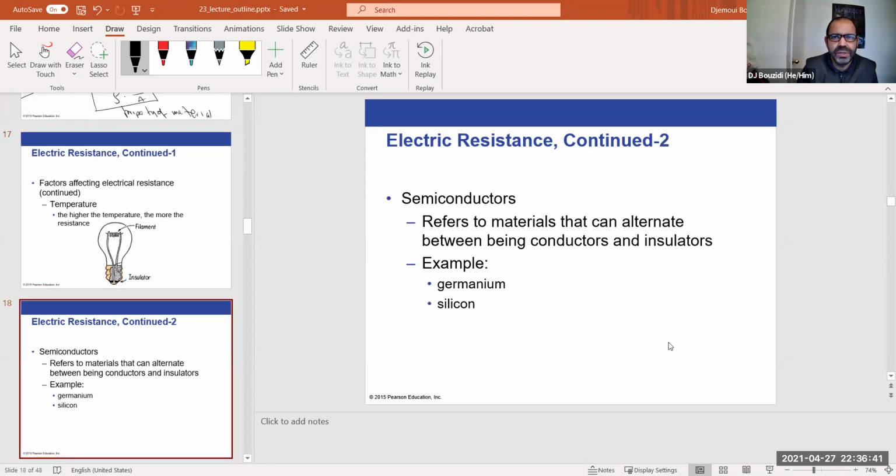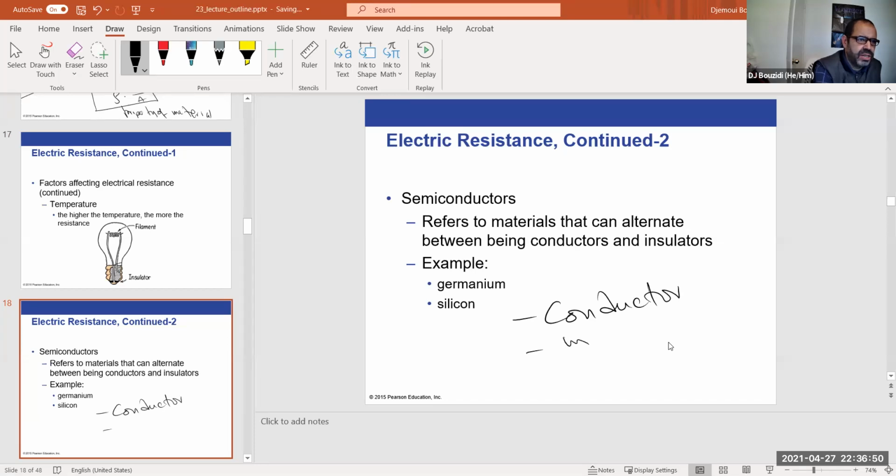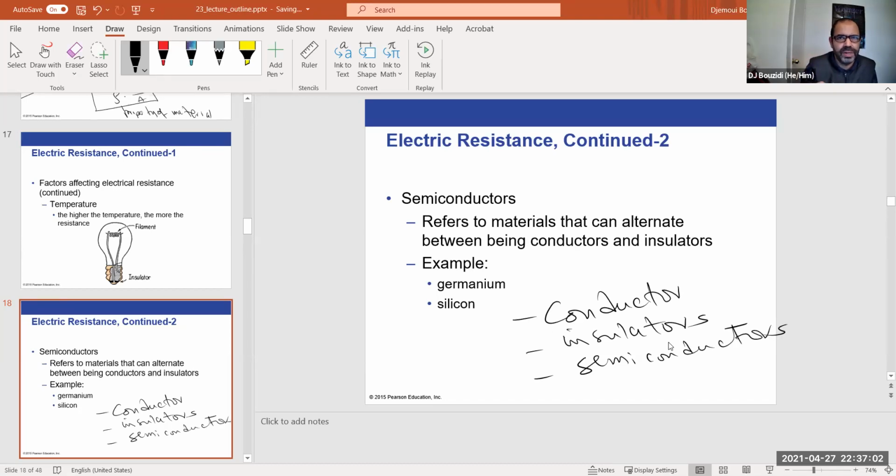There are other kinds of materials, in addition to conductors, and that is the other topic that I want you guys to please list in the bottom. So the conductors, I already mentioned insulators. There is this kind of materials which are called semiconductors. Semiconductors are the ones that really do not conduct electricity unless you do proper doping for them.